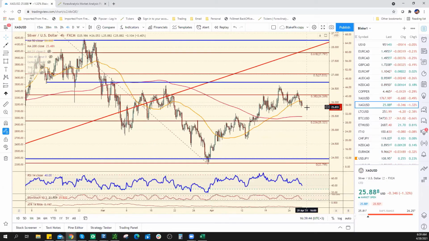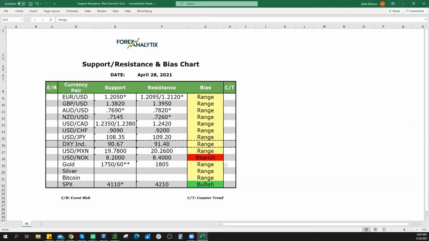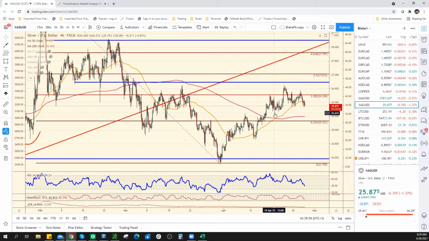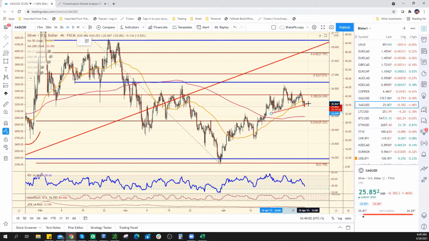Silver's not acting super either. 26.80, 23.80, you guys know those levels, but you should actually write 25.60. A head and shoulders pattern points us back down towards this support, and maybe the neckline is the 25.60 level, so we're going to write that down.